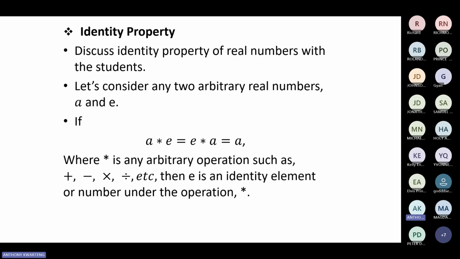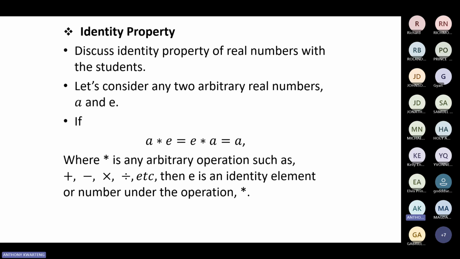Then when I multiply a number by 1, let's say 5 times 1, what's the answer? 5. So nothing has happened to 5. So 1 has no effect under multiplication. 5 divided by 1 is what? 5.